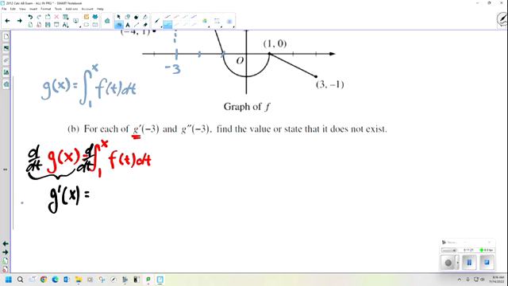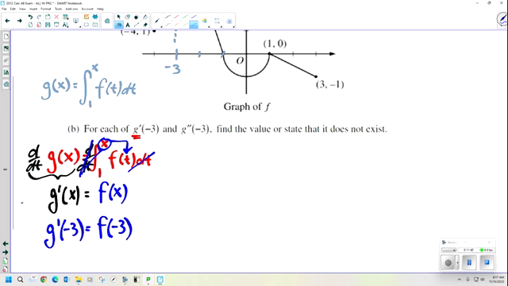The beautiful part here is derivative and integration cancel. The dummy variable goes away, and this variable replaces it. So really, the derivative of g is just f of x. That's nice. So now g prime of negative 3 means I just want to find f of negative 3. Seems simple.